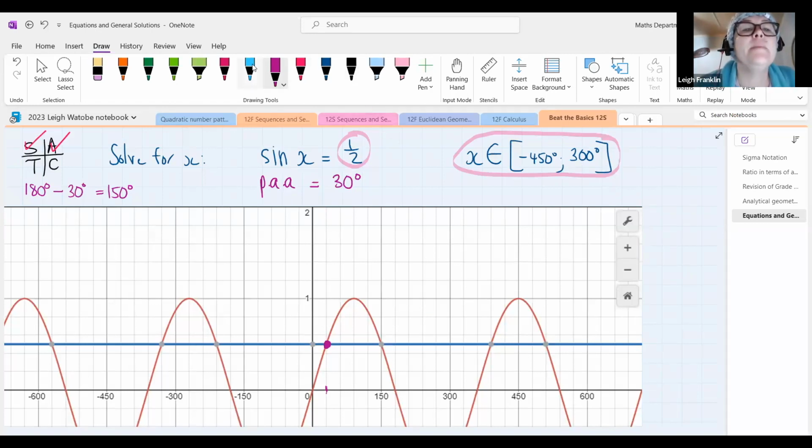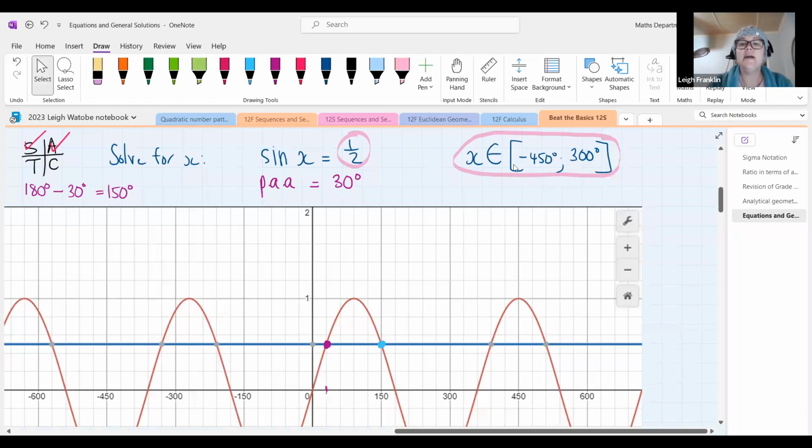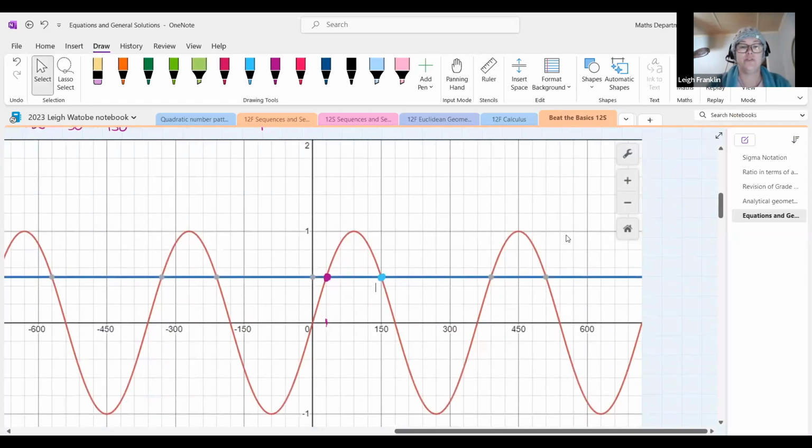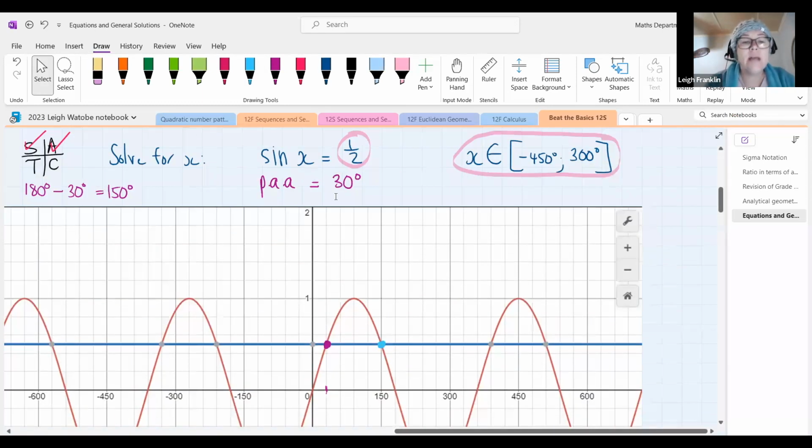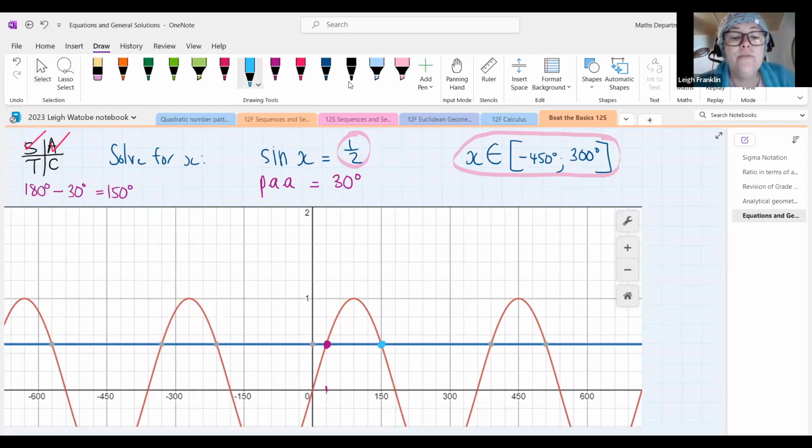So this I'm going to do in blue. That's this bit over here. However, they want us to find solutions between minus 450 and 300. A sine graph repeats itself every 360 degrees. So if I go one multiple of 360 degrees forwards, I would get that solution over there as well.